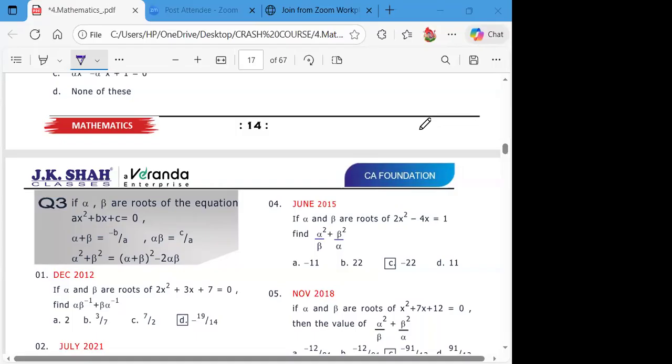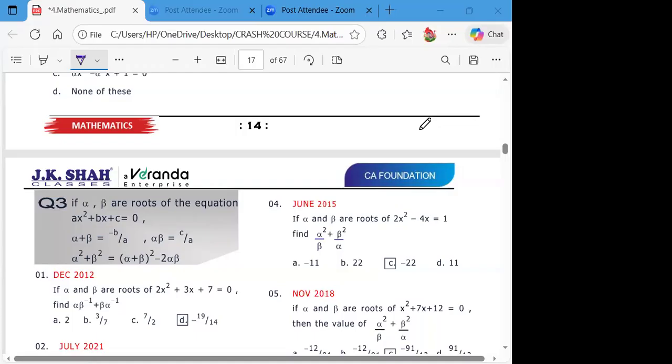Number one. If roots are reciprocal to each other, then A is equals to C. This is the first most important point.